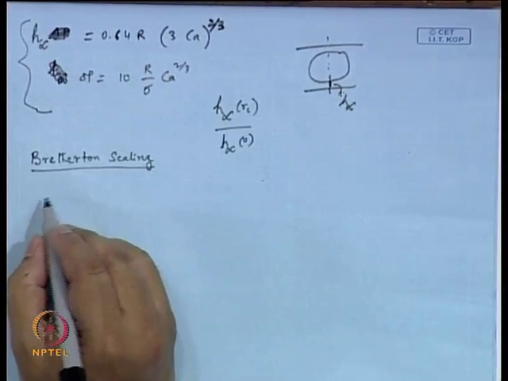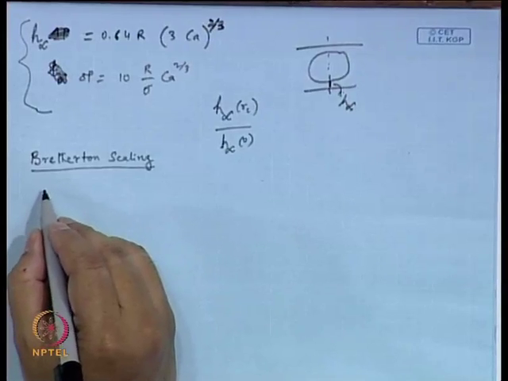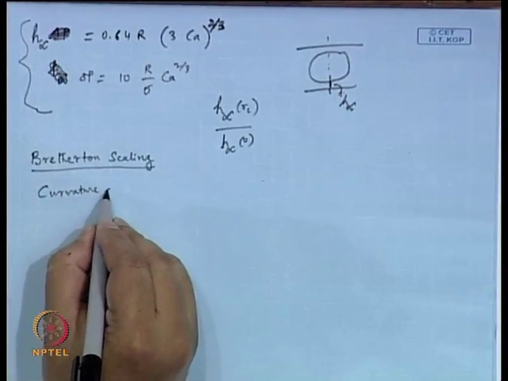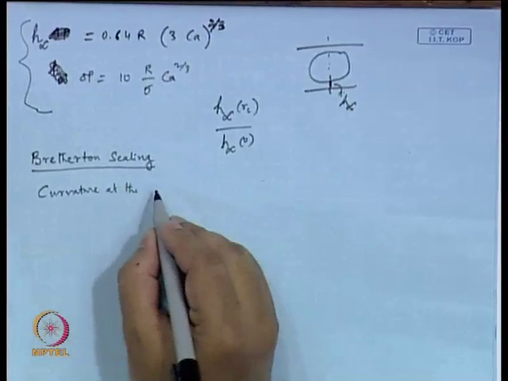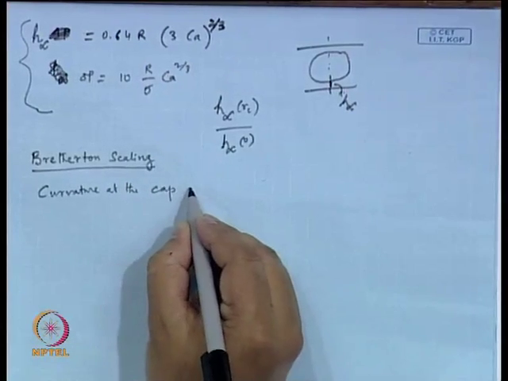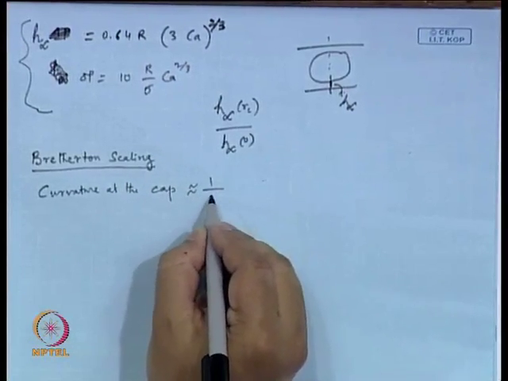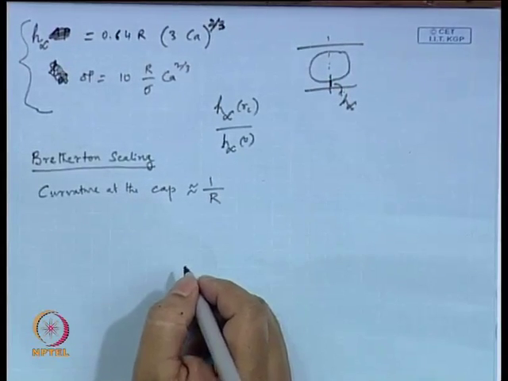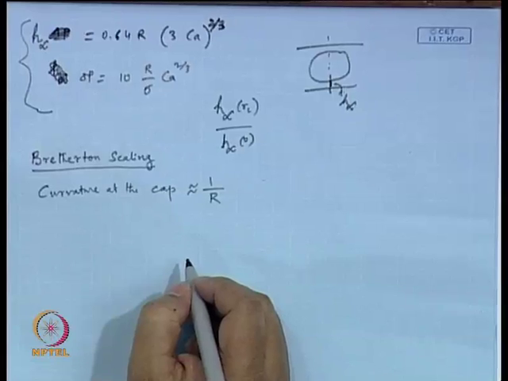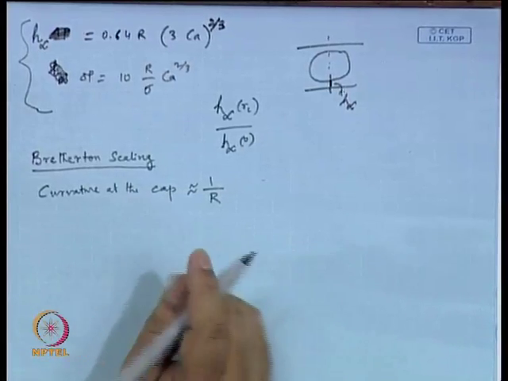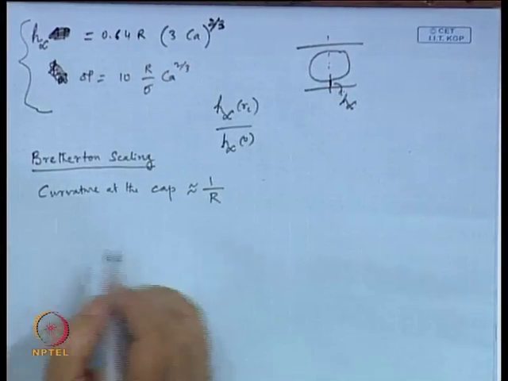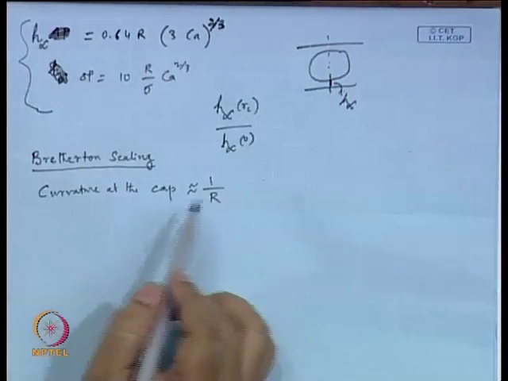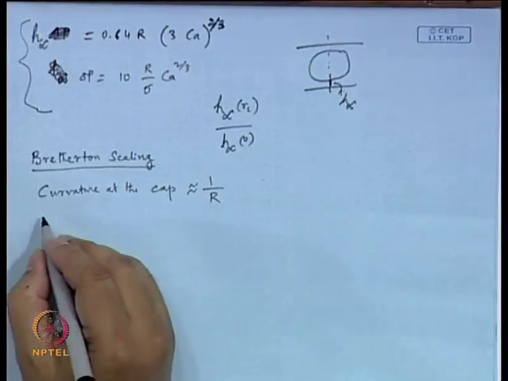One may note that the curvature at the cap is somewhere similar to 1 by r. What is r? r is the radius of the tube, the radius of that microcapillary. This is an approximate one, definitely. I mean, this is not exactly true, but it is an approximation.